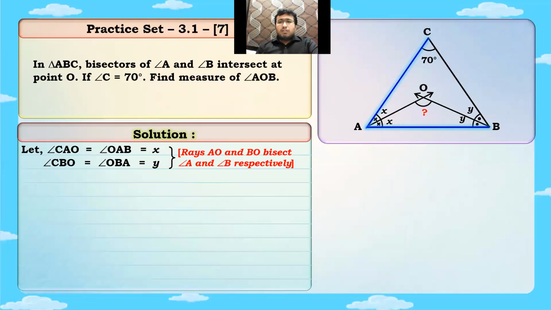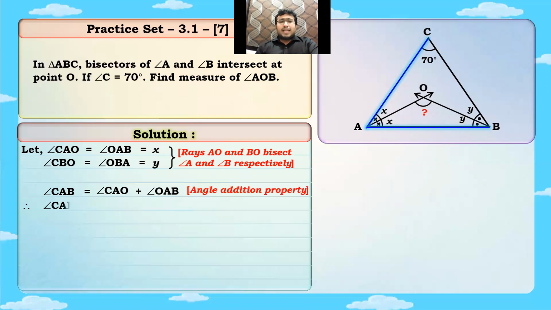Okay, we know that angle CAB. Look at angle CAB. Observe the figure and tell me, student, is angle CAB made up of two angles? Yes, students. Which are the two angles? Angle CAO plus angle OAB is equal to, we write down the reason as angle addition property.